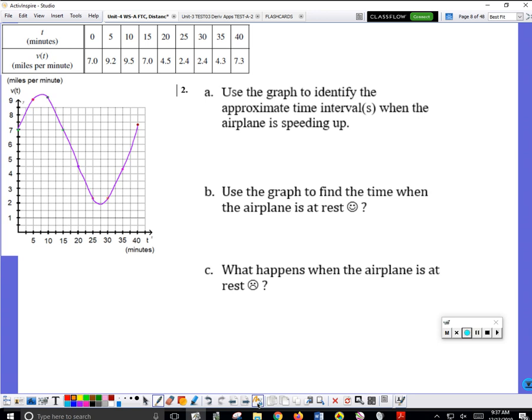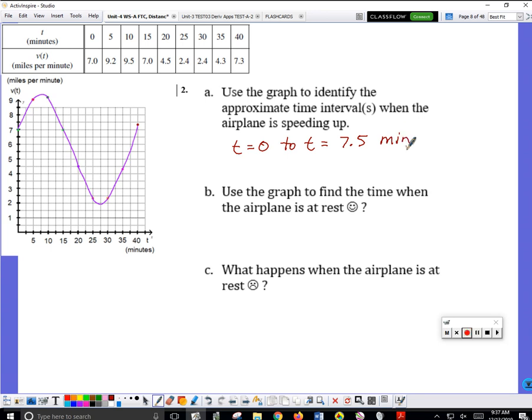Who has an answer to A? Show me your hand. We're not looking at this. Hands. Who has an answer for A? Come on. Carrie. T equals 0 to T equals 7.5. And the units would be minutes.